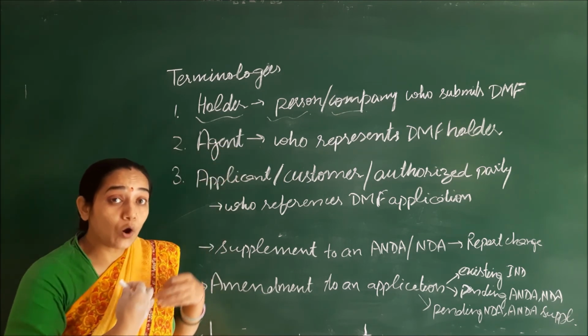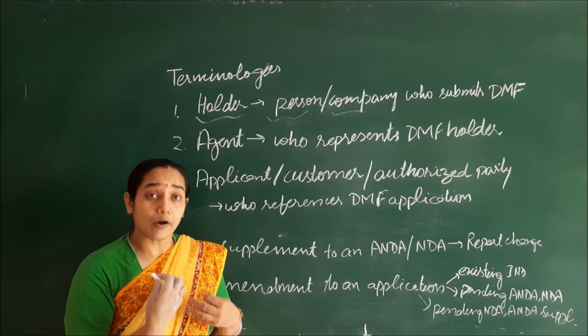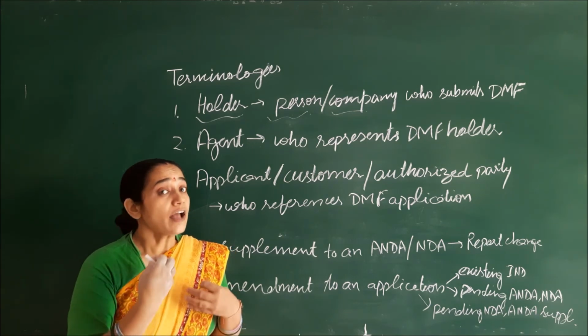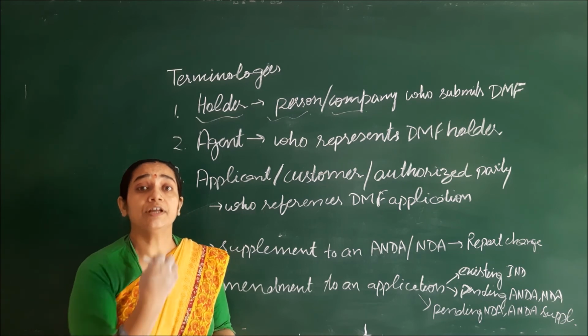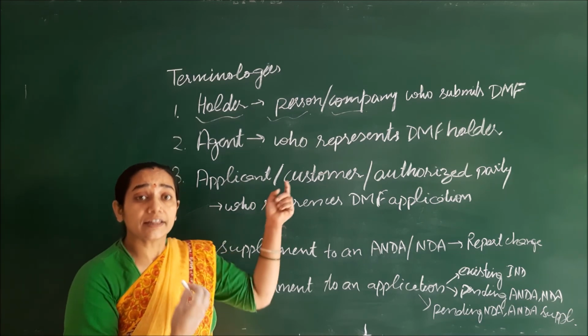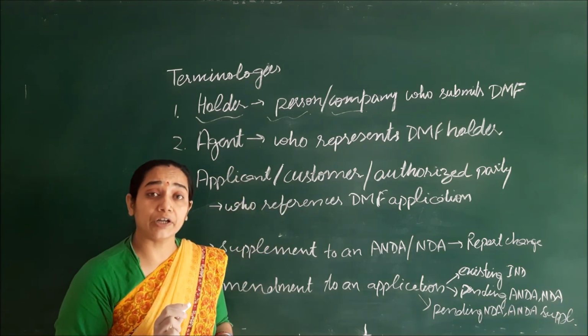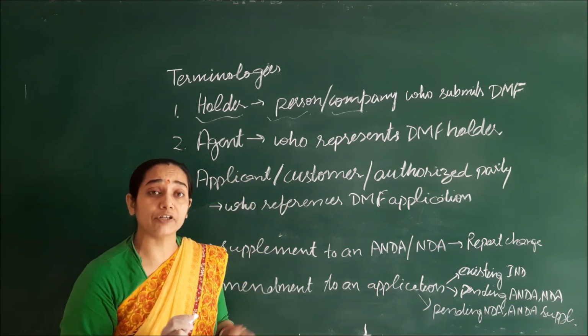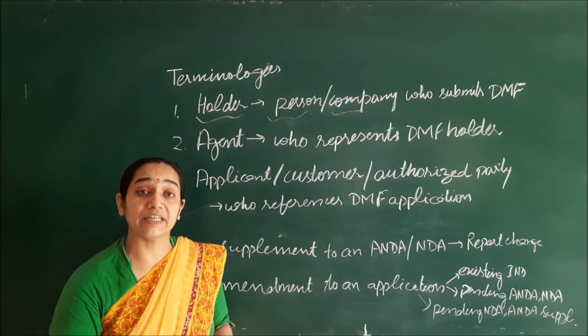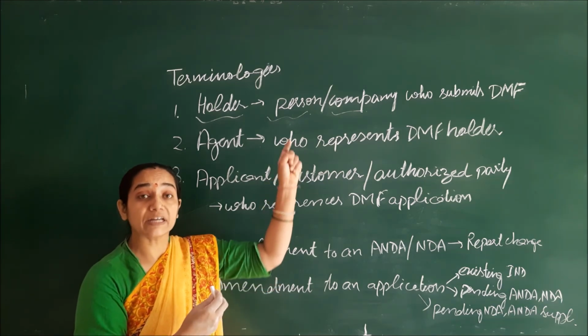But if I have the authority of the drug master file and I am not doing the communication with the Food and Drug Administration, and I have appointed another entity or individual to do this kind of correspondence, then that person will be the agent for the drug master file.